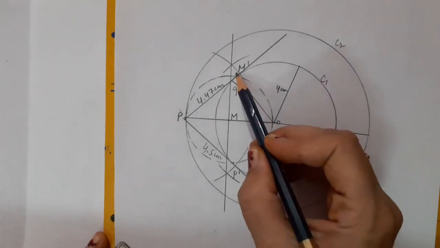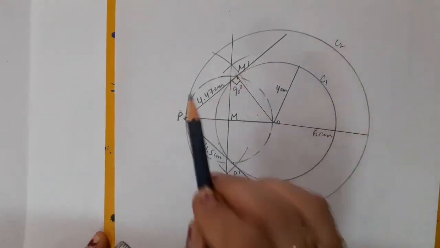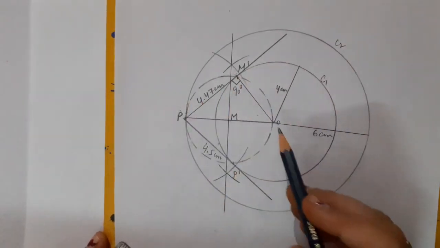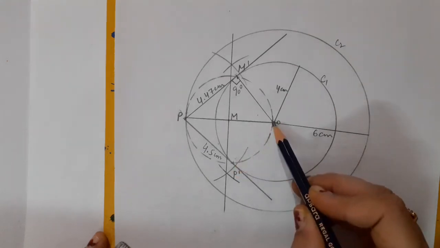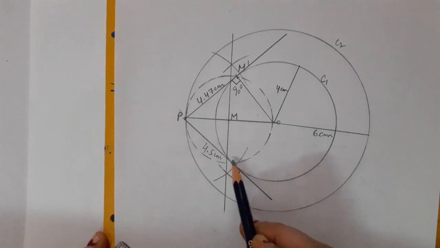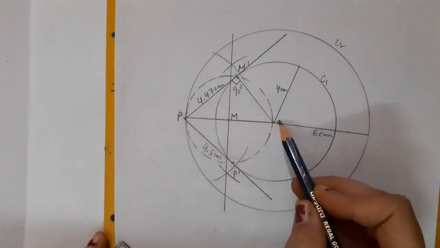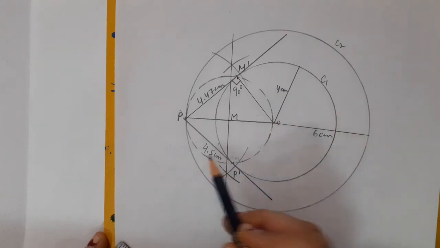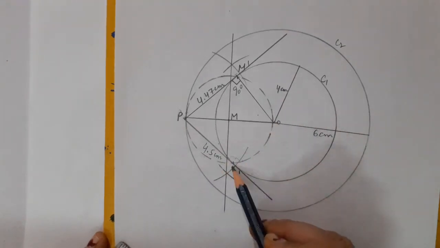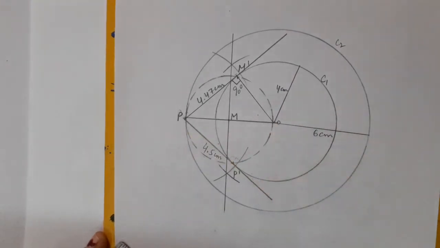Here OM dash is the radius, so PM dash has to be the tangent. Correct? In the same manner children, you can join O to P dash also. Then it must be of 90 degree, means angle PP dash O must be of 90 degree because it is also angle in a semicircle. As OP dash is the radius, so PP dash has to be the tangent.